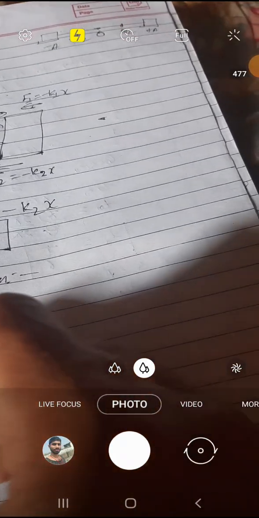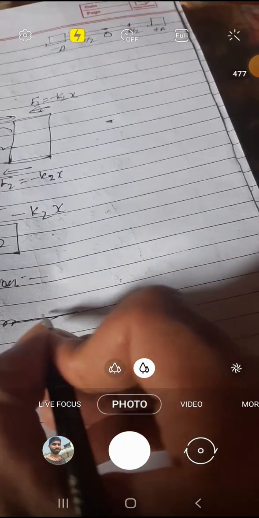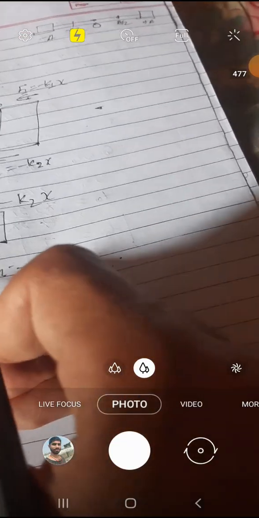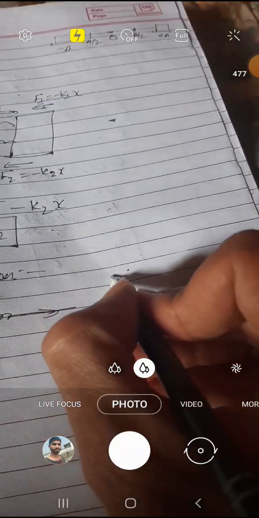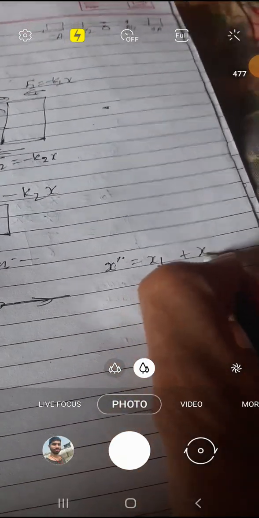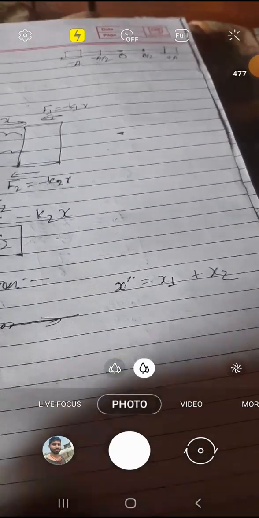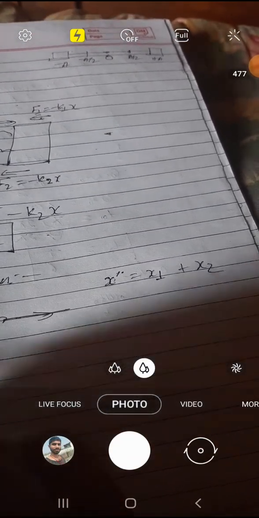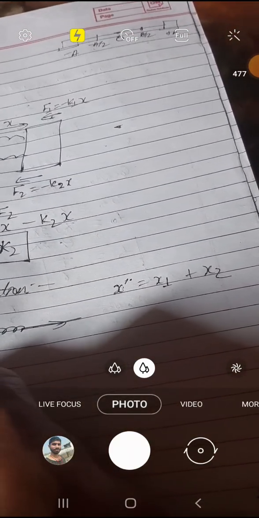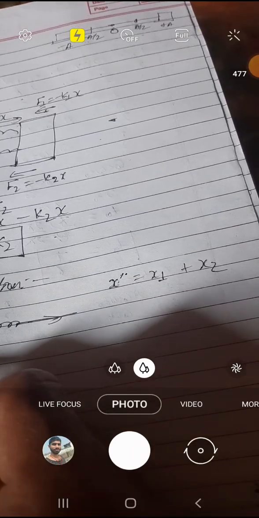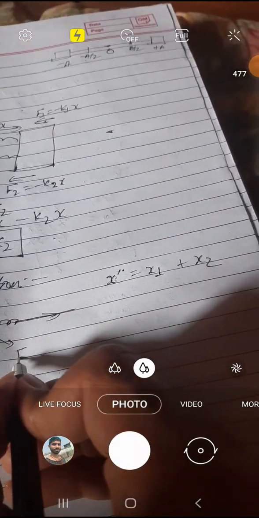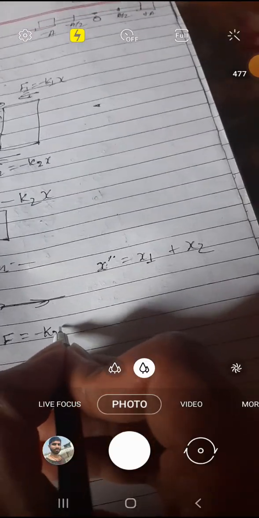Here the displacement would be different if these are stretched by some force. In series combination, displacement is different, so x dash would be equal to x1 plus x2, and the force is the same. The restoring force acting on this spring is F equal to minus k1x1, and here also the restoring force is F equal to minus k2x2.